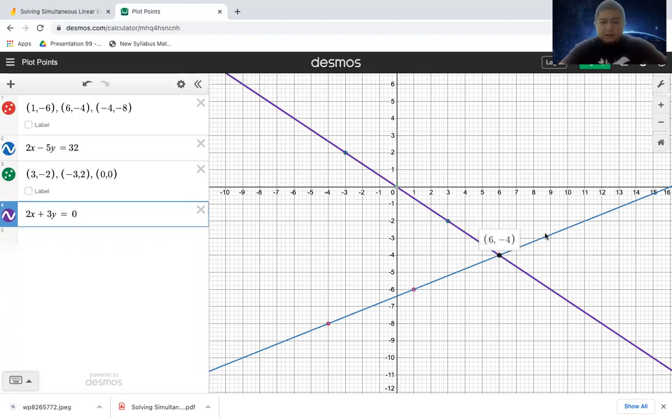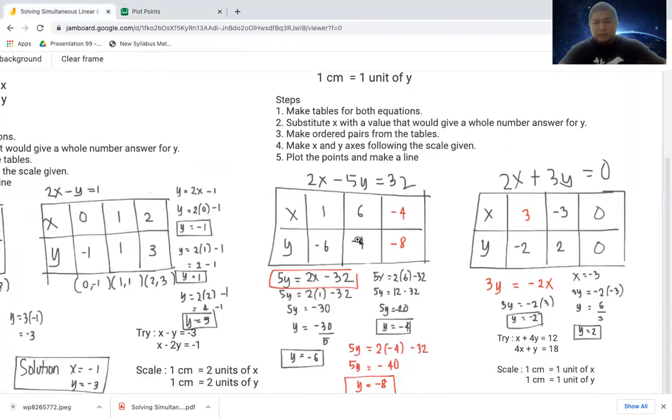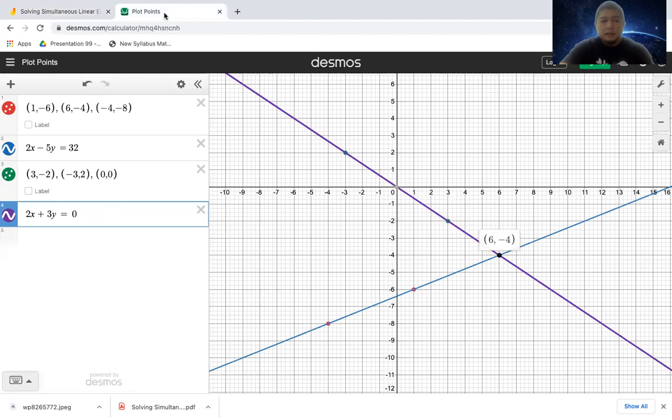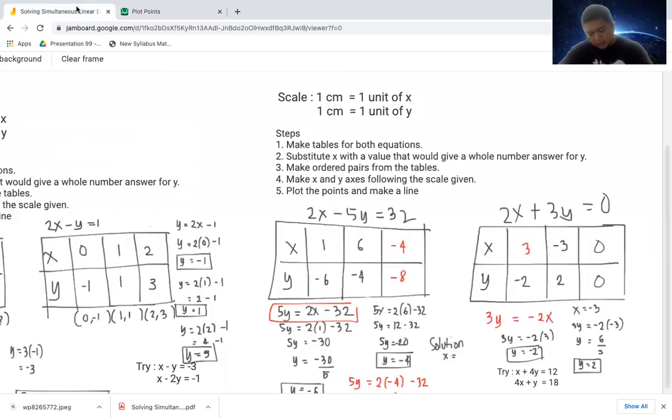And according to the graph, the intersection is 6, comma -4, which would mean that the solution of these two equations is that x is equivalent to 6, and y is at -4.